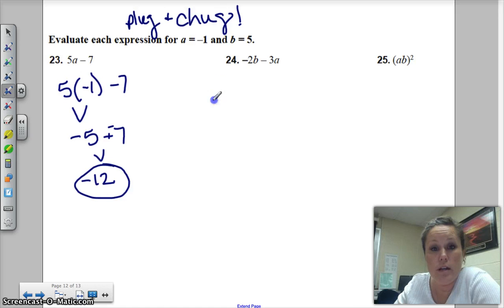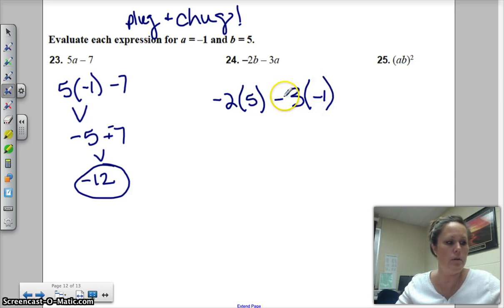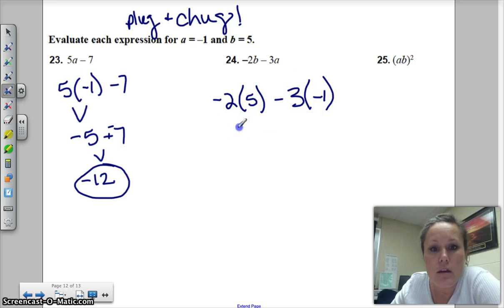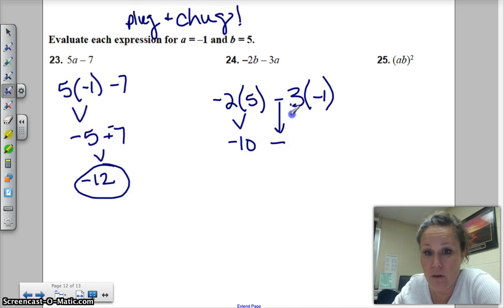Number 24, -2 times B, which is 5, minus 3 times A, which is -1. Let's hope I'm getting all these right. I am. Okay. This is -10 minus, so I've already brought my minus down, so now I'm doing this, -3.